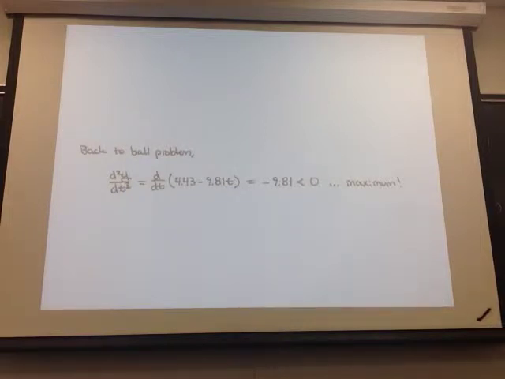And we took the derivative of this, dy/dt, became 4.43 minus 9.81t. And that's equal to the velocity, right?